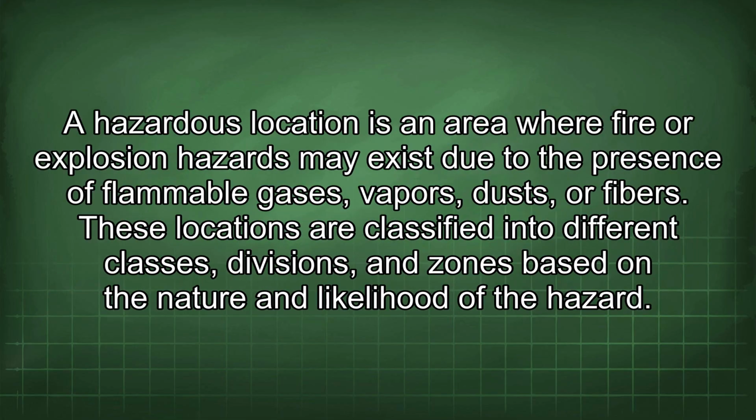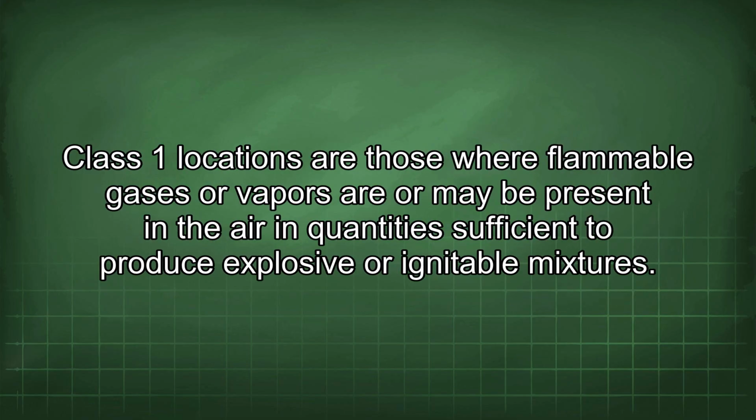A hazardous location is an area where fire or explosion hazards may exist due to the presence of flammable gases, vapors, dusts, or fibers. These locations are classified into different classes, divisions, and zones based on the nature and likelihood of the hazard. Class 1 locations are those where flammable gases or vapors are or may be present in the air in quantities sufficient to produce explosive or ignitable mixtures.